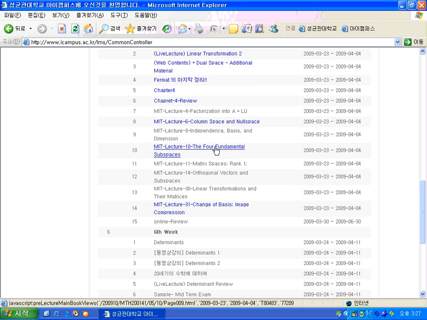And these 4 fundamental subspaces, that's what you should take a look at. And I will ask some problems on this lecture in your first midterm examination. And there are some other lectures on orthogonal vectors and subspaces and linear transformation and their matrices.